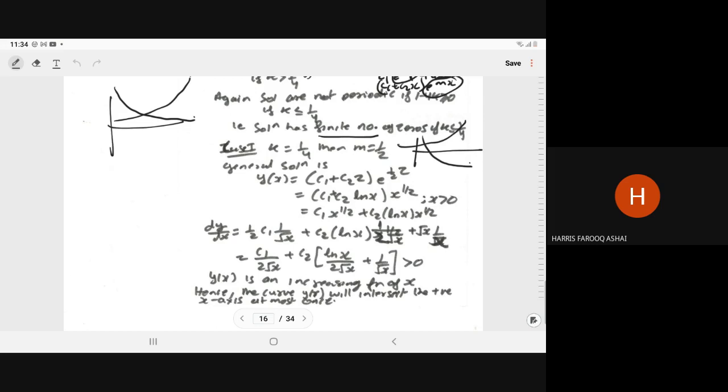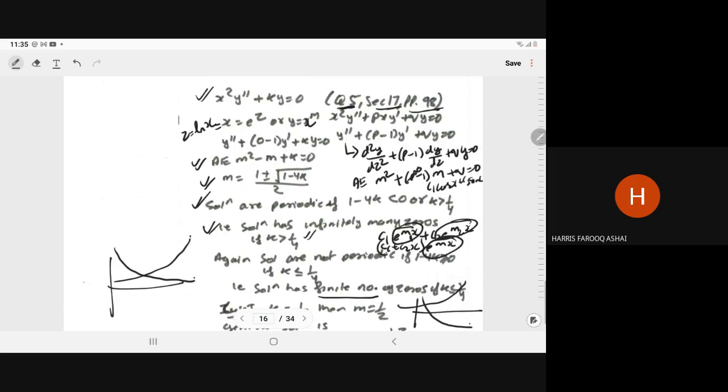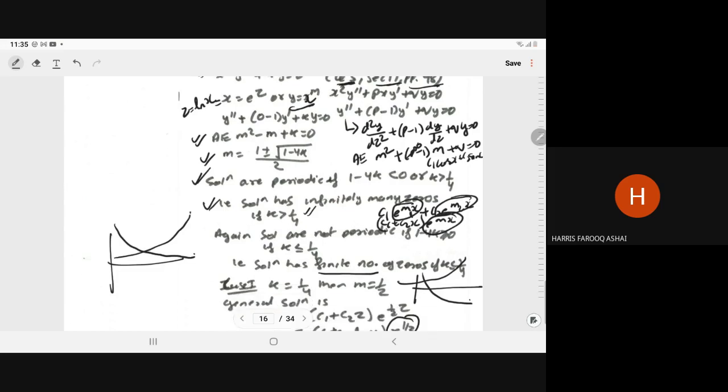Then the general solution y(x) will become (c1 plus c2 z) e to power mz, so e to power half z, where e to power z is x, so z is ln x. So here we have c1 plus c2 ln x times x to power half. That is y, since we put y equal to x to power m.